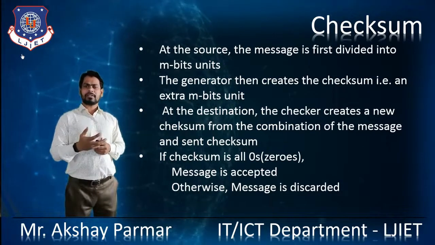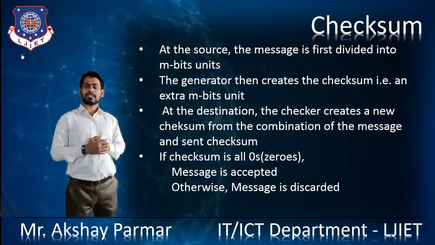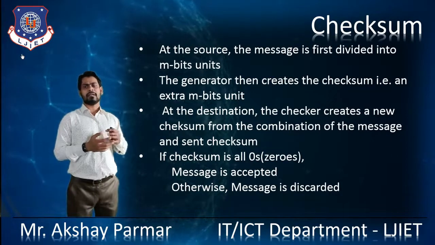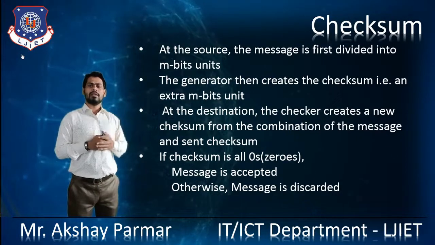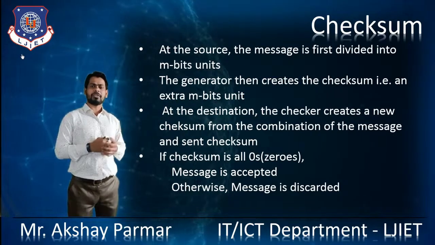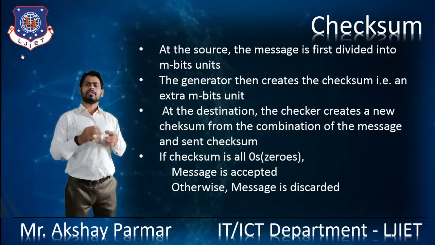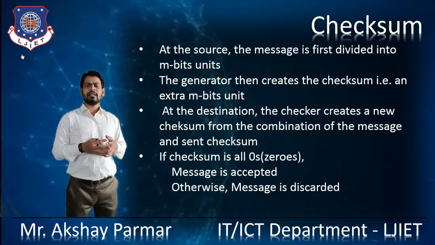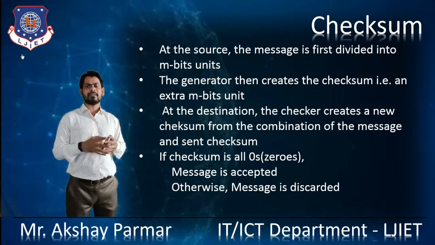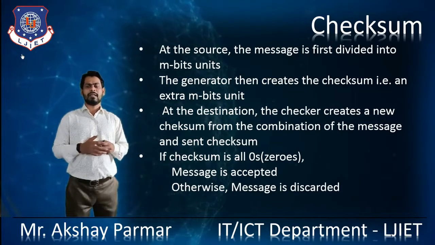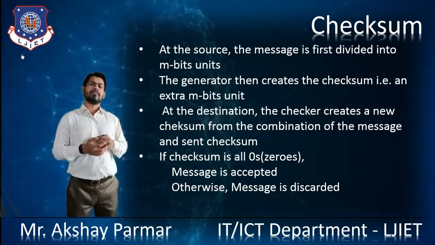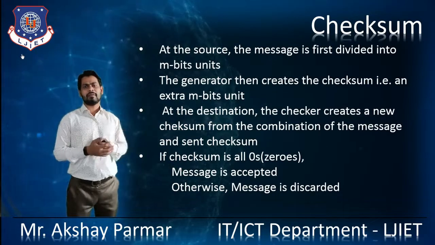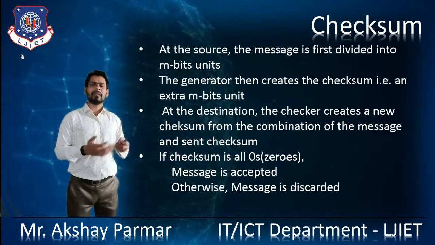At the destination side, the checker creates a new checksum from the combination of the message and the sent checksum. At the destination, if the checksum is all zeros, the message is accepted. There is no effect of error, and the data is received as the sender sent it. Otherwise, we discard the whole message. That's how we accept or discard the message in the checksum technique.